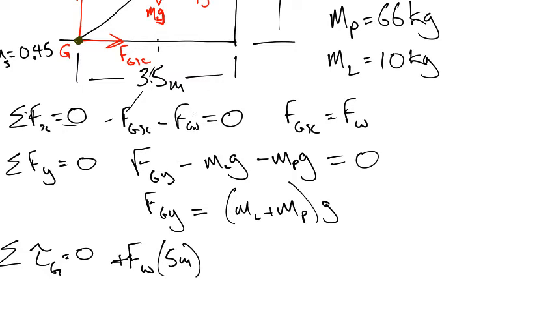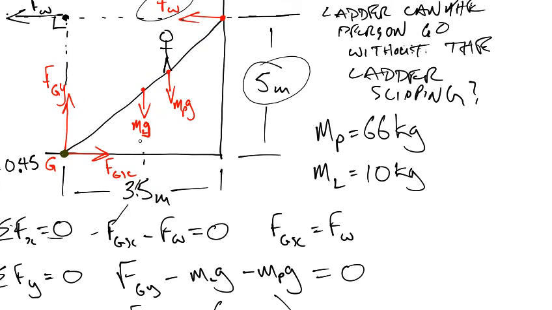Then let's do the other two. These two are both going to be negative. Now, what's this distance here? Because I'm going to move MLG right down to here. This distance here is now going to be half of 3.5. Why?